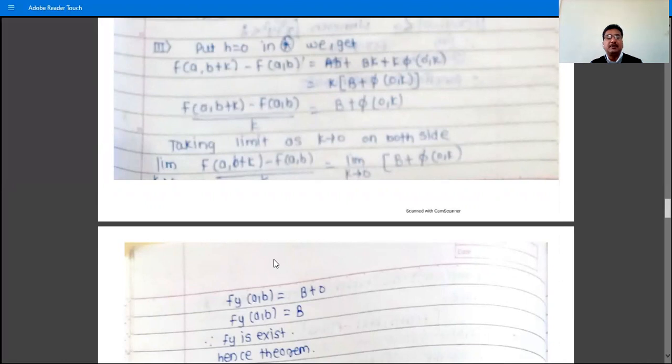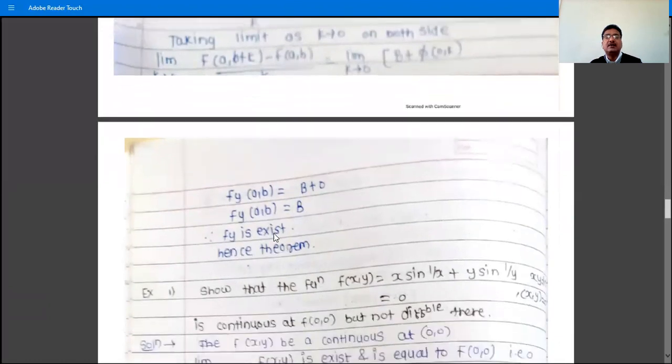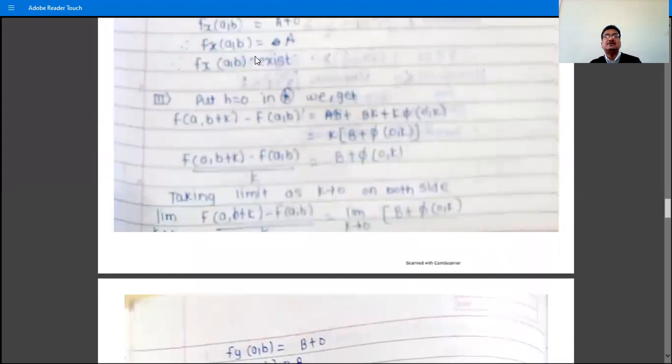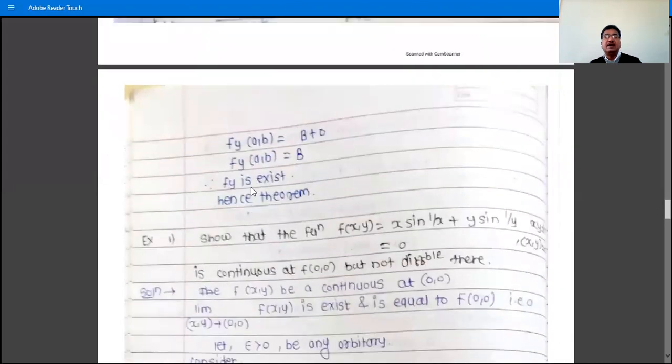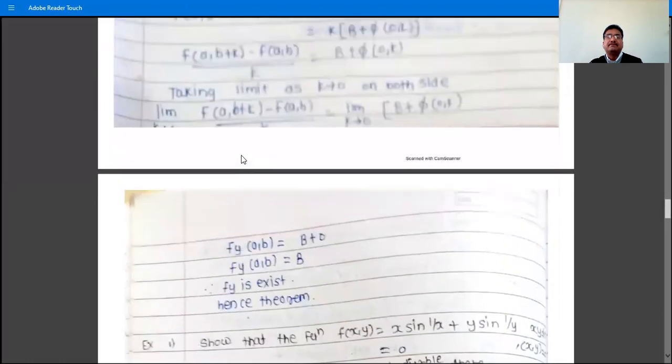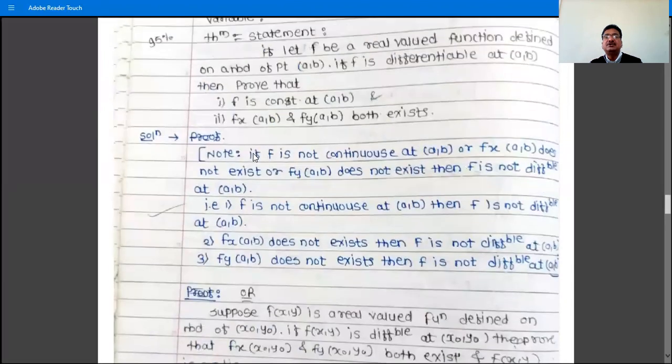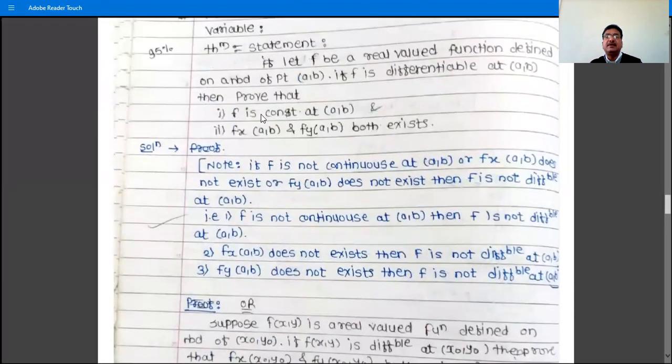The limit of capital B is B itself, and the limit of φ(0, k) is 0. So fy(a, b) equals B, and therefore fy exists. Here fx(a, b) exists and fy(a, b) exists, and this completes the proof of the theorem that if the function is differentiable at (a, b), then the function is continuous at (a, b), and fx(a, b) and fy(a, b) both exist.